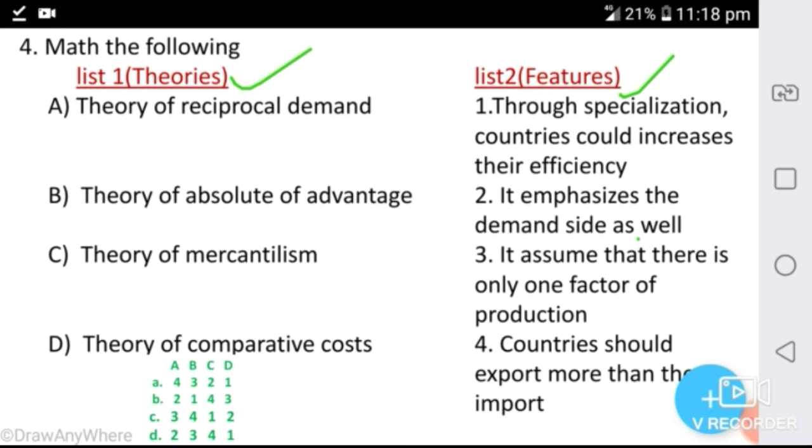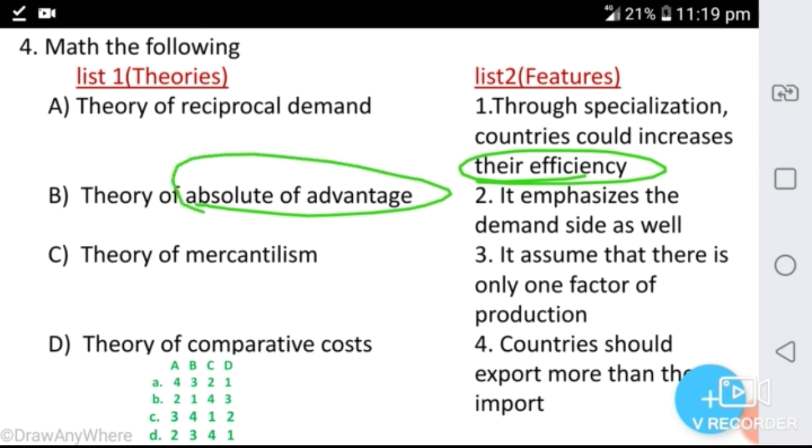Through specialization, countries could increase efficiency. That is absolute advantage. So theory of absolute advantage is related to 1. Then it emphasizes the demand side as well, no doubt, theory of reciprocal demand. Then theory of mercantilism means countries should export more than they import.